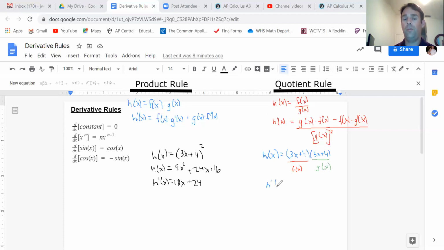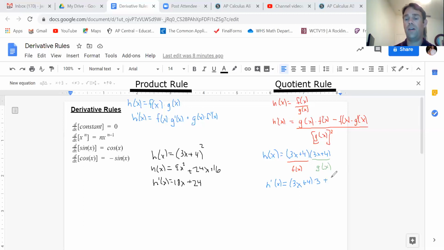Following our little formula here, the first thing we have is f of x. So that'd be 3x plus 4, times the derivative of g of x. So here's g of x. The derivative of that is 3.